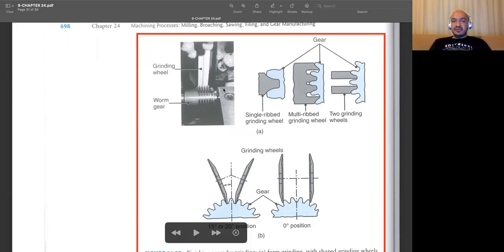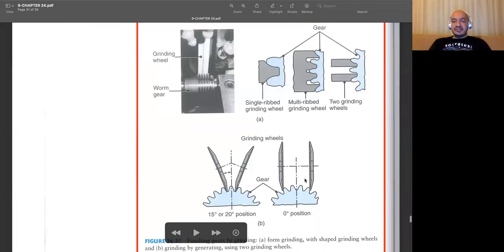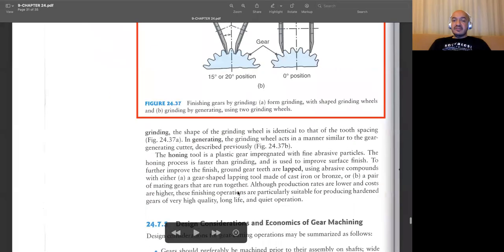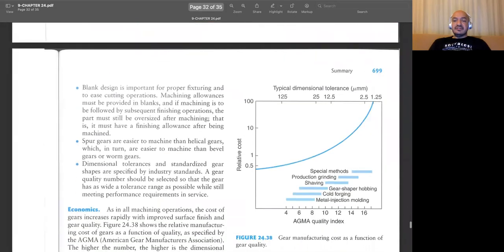These are already machined gears, and with the help of these grinding wheels, the accuracy of the gear can be improved and the burrs can be removed. We have different options of grinding, but the fundamental is the same. You have a grinding wheel. By moving it over your teeth, you can increase the surface quality and your dimensional accuracy.